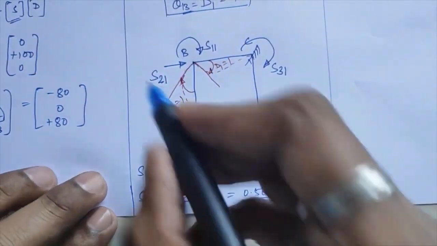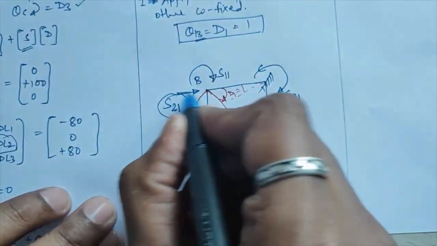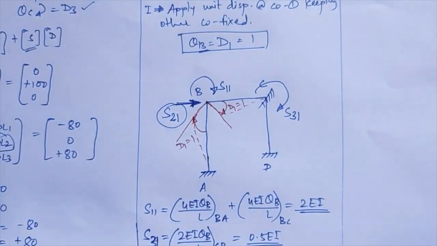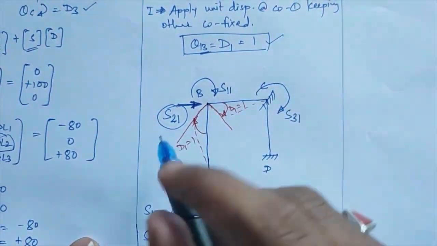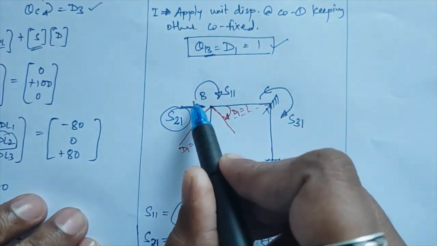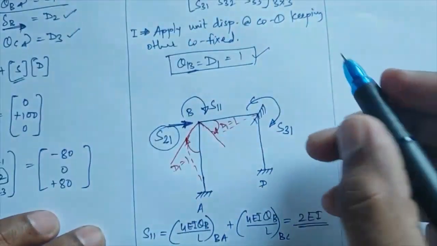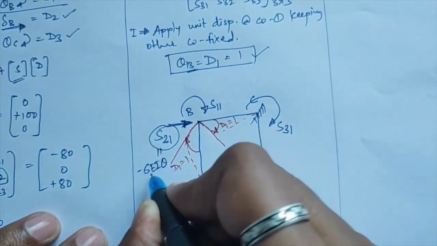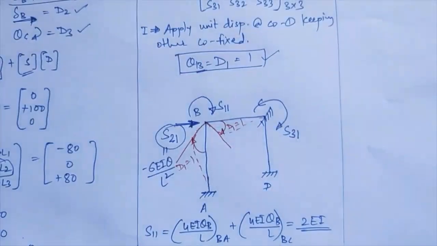Right? Now, remaining is the S21 value. For S21, you have to calculate the horizontal reaction coming at point B. I have given you 3 notes in your spring stiffness coefficient numerical, that if you are applying θ equal to 1 and you are asked to calculate the force coefficient for the stiffness matrix, then that force coefficient is equal to minus 6EIθ upon L square, where θ is always 1.